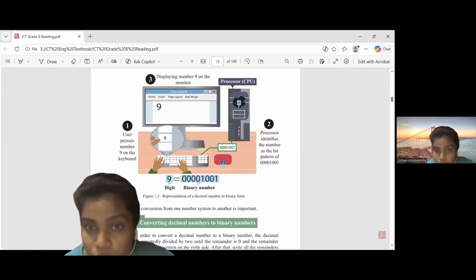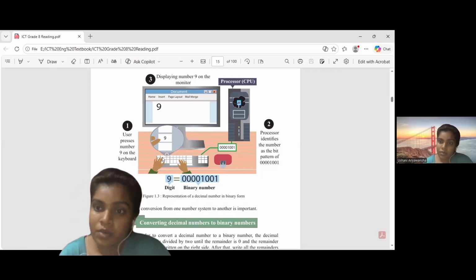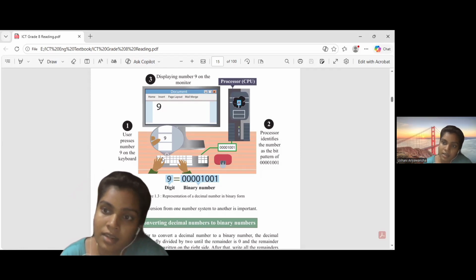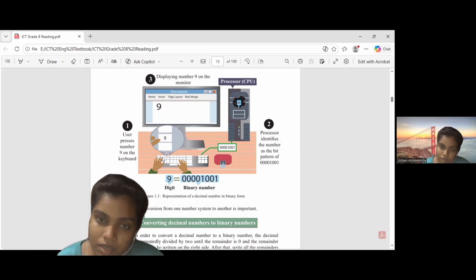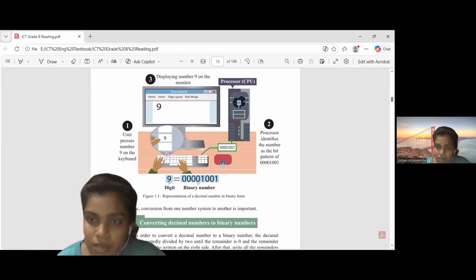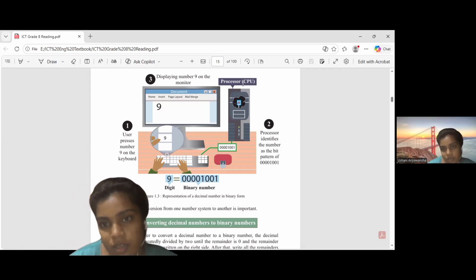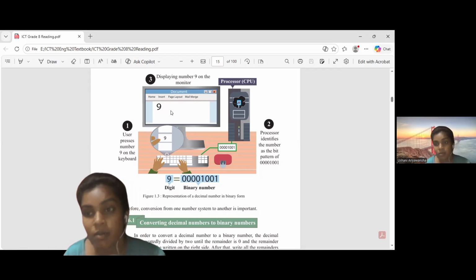But you know now, computers can't understand humans' language, right? Decimal number system, right? So, it should be converted to the binary number system to understand, right?